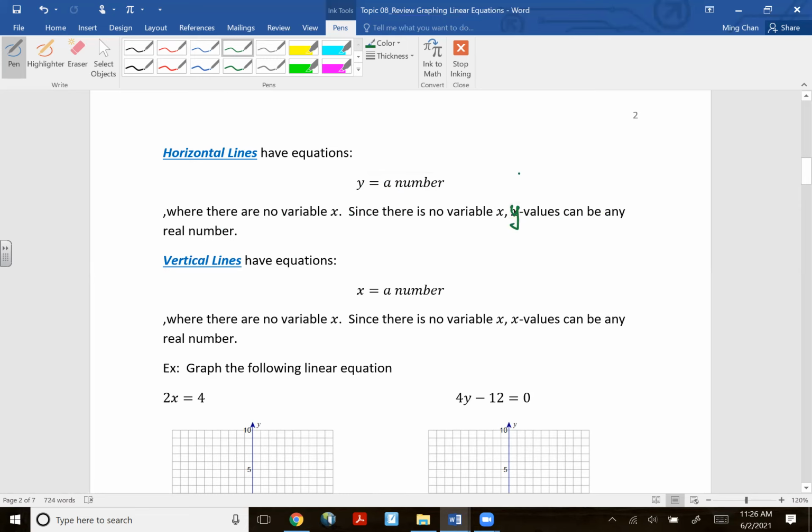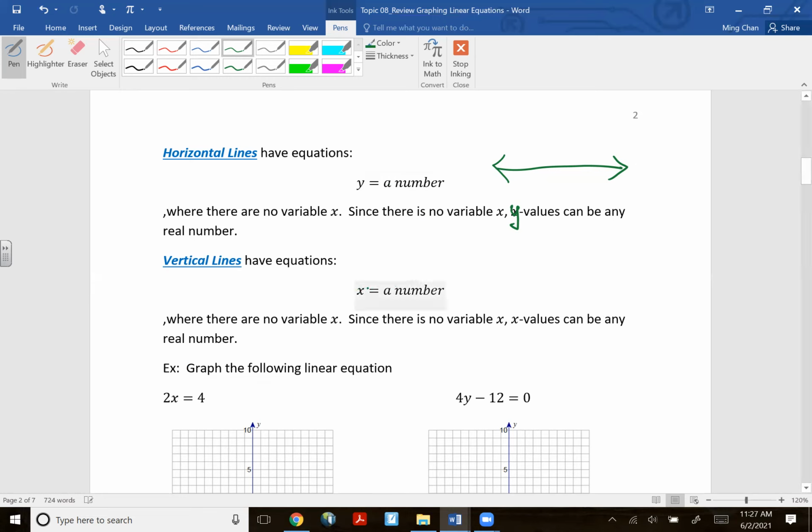If you think about it, a horizontal line looks like this. So the 2 points you're going to plot are going to be side by side. The key characteristic of a horizontal line is that all the y values are the same. It's whatever this number is, where all the y values are exactly the same. So when we plot the 2 points, that's how you can have the 2 points side by side, because the y values are the same.